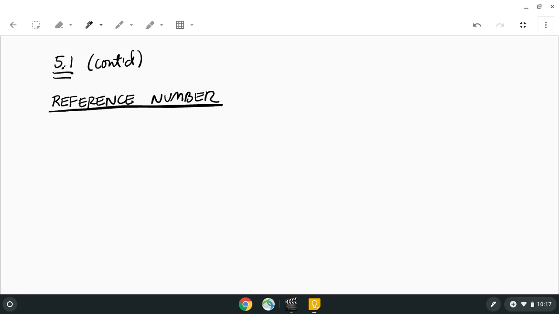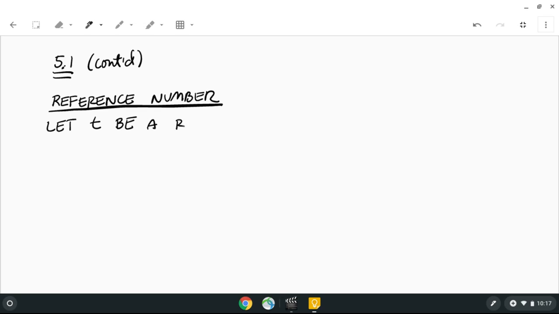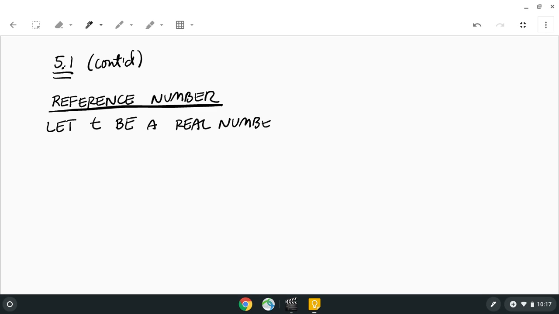Here's a nice big long definition. Let t be a real number, as opposed to an imaginary one.